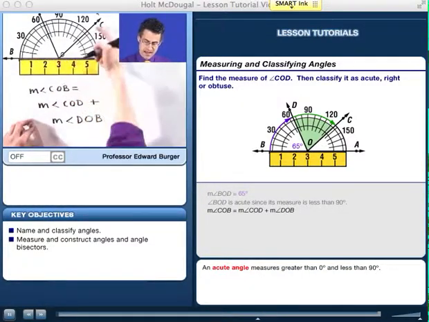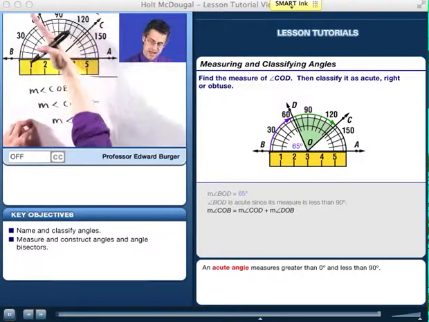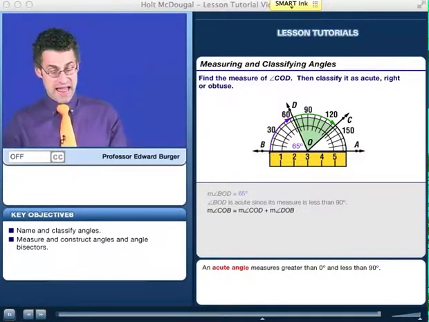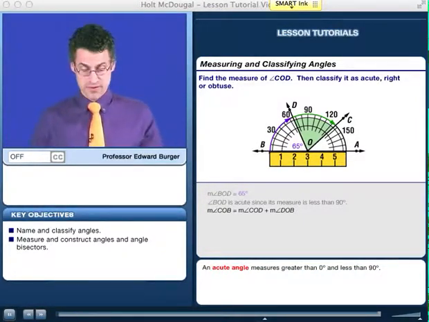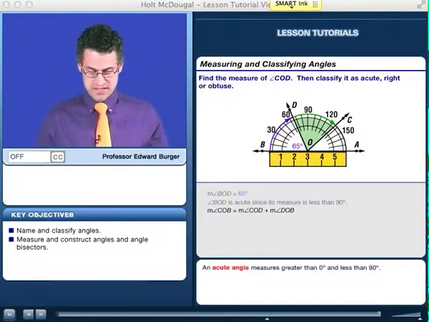This entire angle is equal to that angle plus that angle. All right, now we know a lot of stuff, and so let's see if we can put together all the stuff we know.